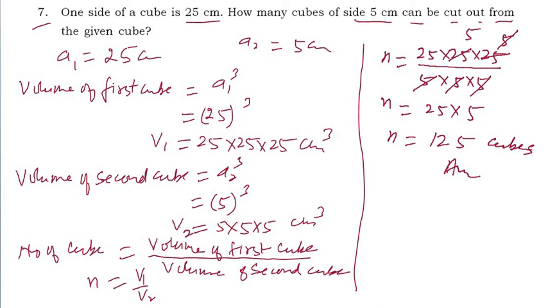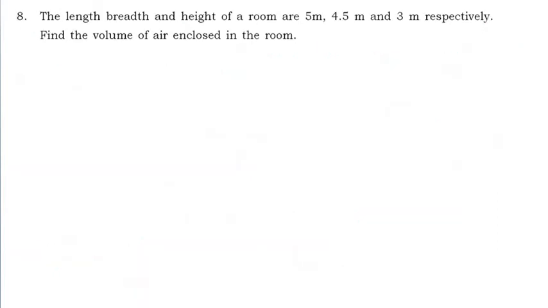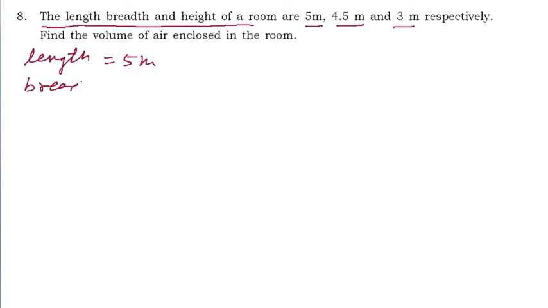So let us see question number 8. The length, breadth and height of the room are given 5 meter, 4.5 meter and 3 meter respectively. So you can write here length. Length is given as 5 meter and breadth is equal to 4.5 meter and the height will be 3 meter.